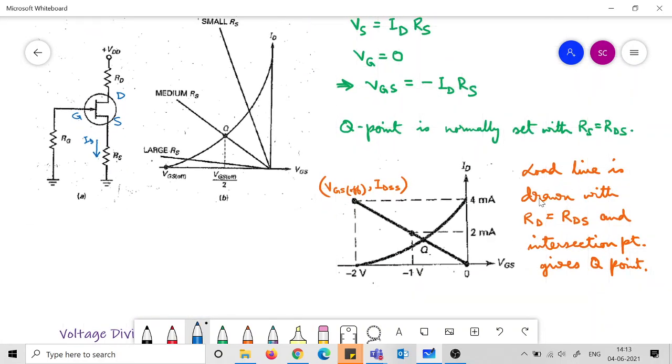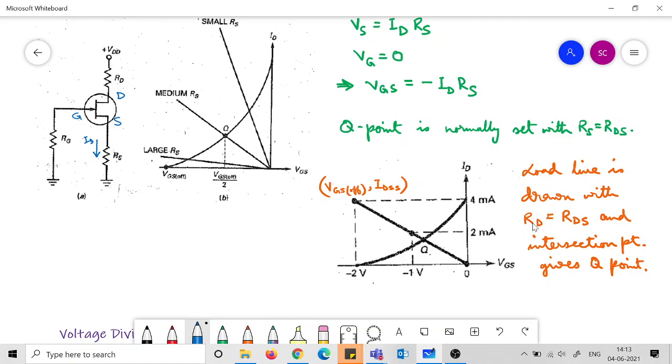You draw the load line in the ID VGS transconductance curve. This is the transconductance curve. You draw this load line with RS equal to RDS, and the intersection point will give you the Q point.